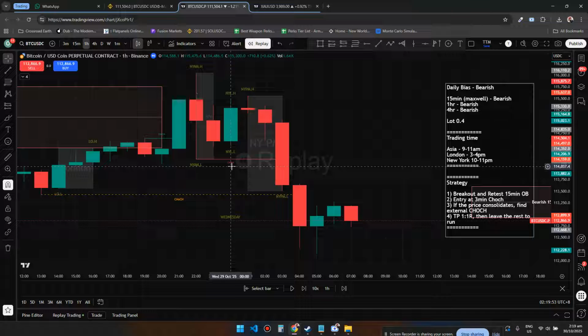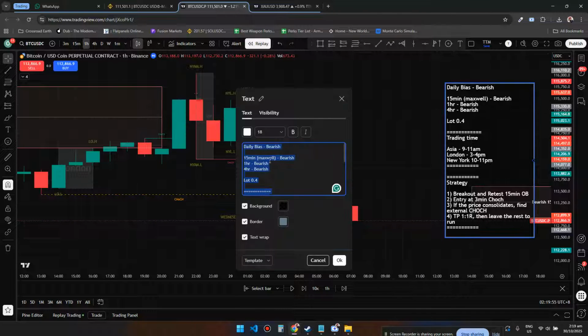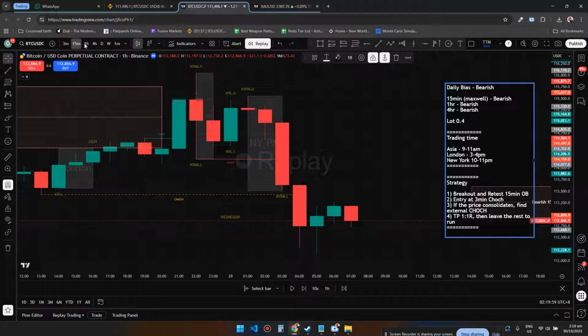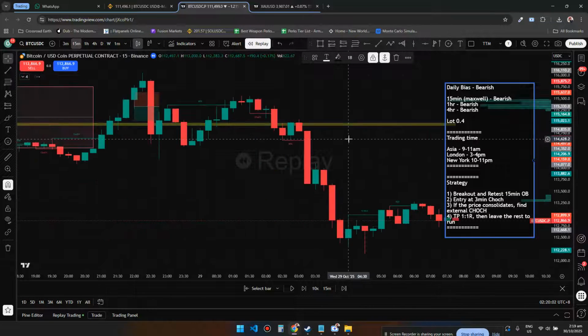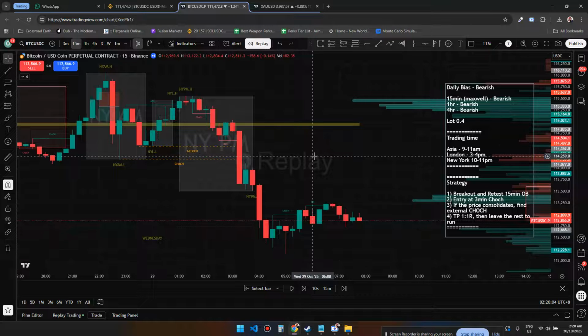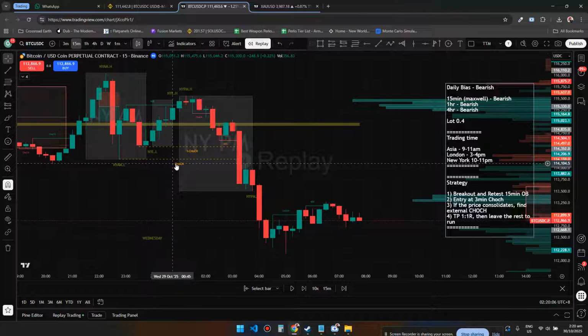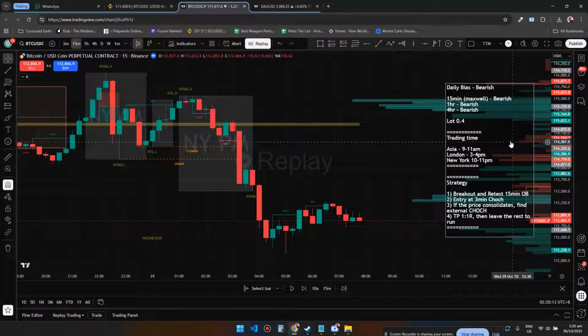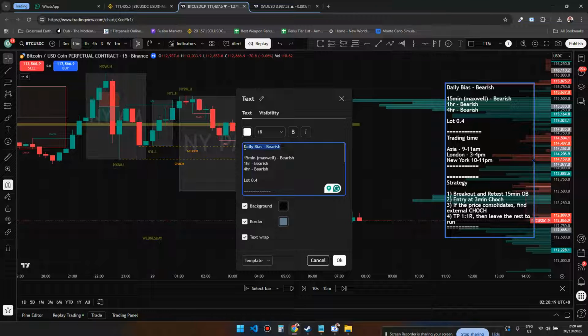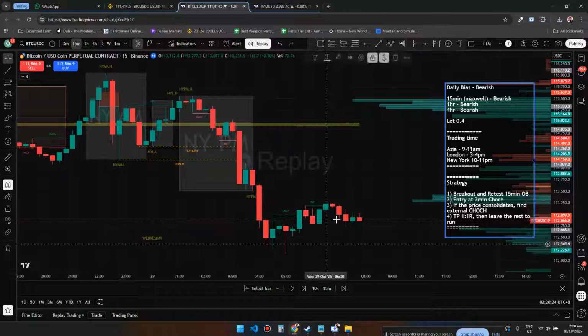This is a bearish change of character. On the 15 minute, you can see this orange change of character. Basically, it's also a bearish change of character. I just put it as orange so that it's more clear for me. So the daily bias for Bitcoin is bearish.